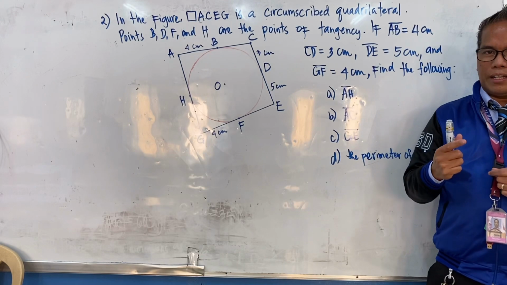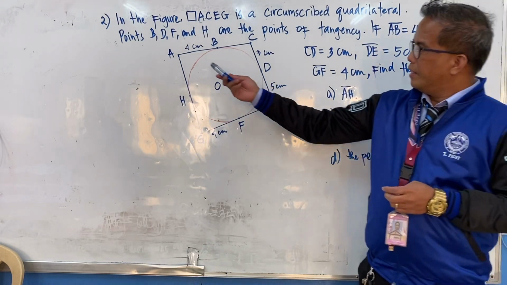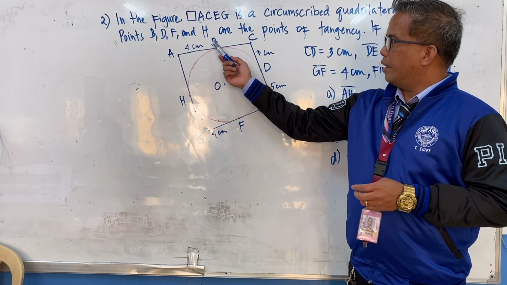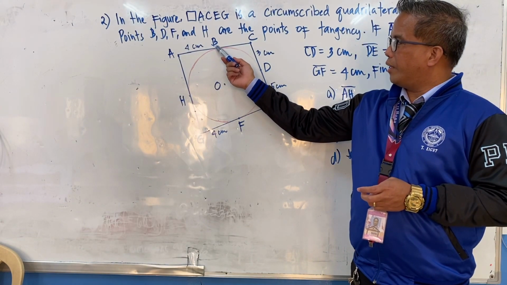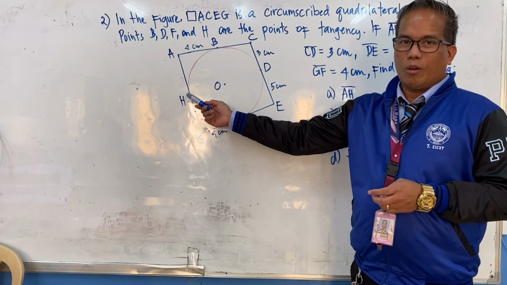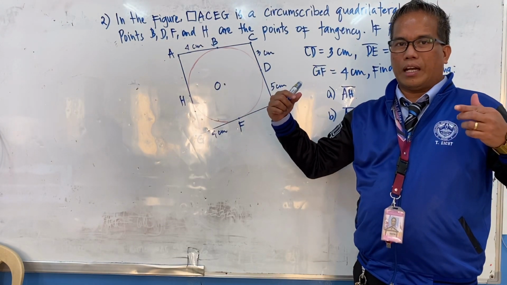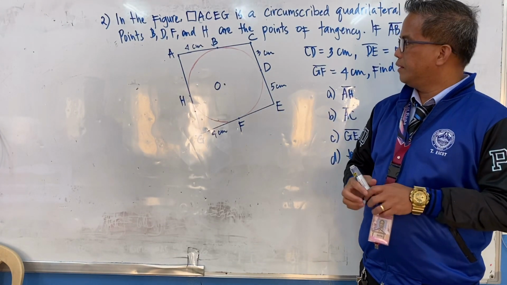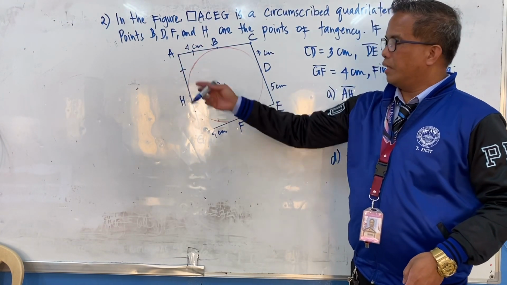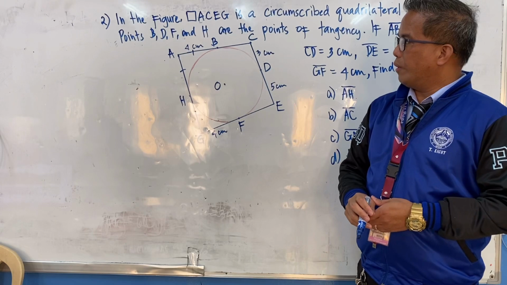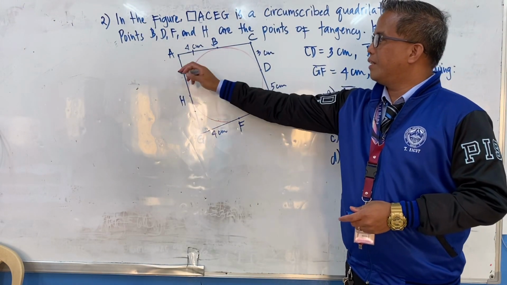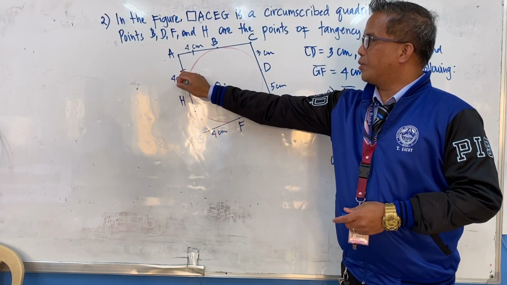If we are going to apply it here, we have tangent AB, it intersects at exactly one point here, then tangent AH. So if the two tangents intersect at one point, these segments are equal. Which means segment AH is congruent to segment AB. So this is also equal to 4 cm.